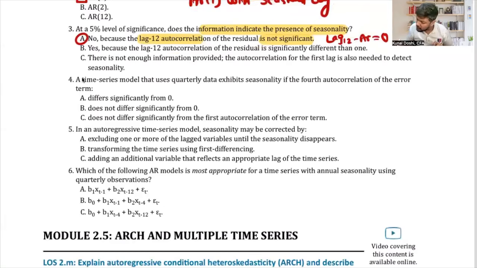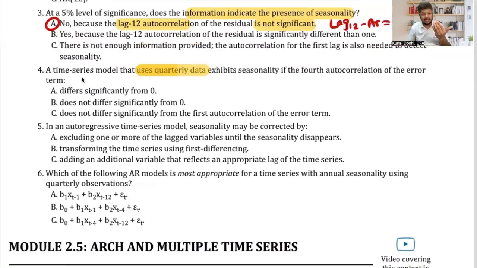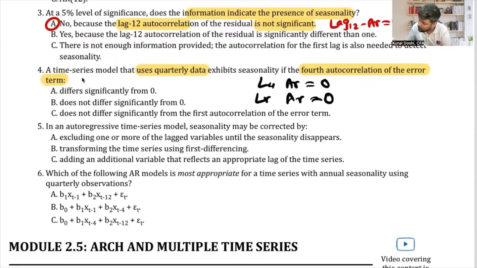Now, everyone, a time series model that uses quarterly data exhibits seasonality. If the fourth autocorrelation of the error term, lag 4 autocorrelation, is 0 or not equal to 0, under which case can we say that there is seasonality? There is seasonality when we reject the null, when it is significantly different from 0.